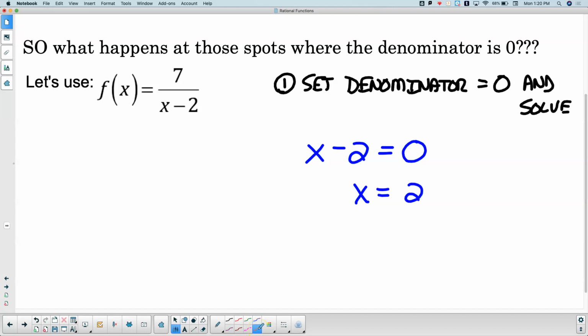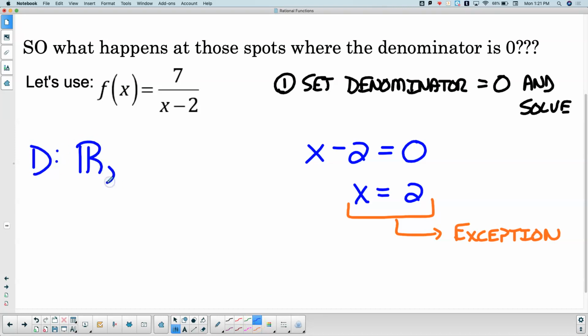And that is my exception, my condition, my restriction, if you will. Because if x is 2, my denominator is 0, and 7 divided by 0 doesn't exist. So I'm going to write the domain here as all real numbers except x cannot equal 2.